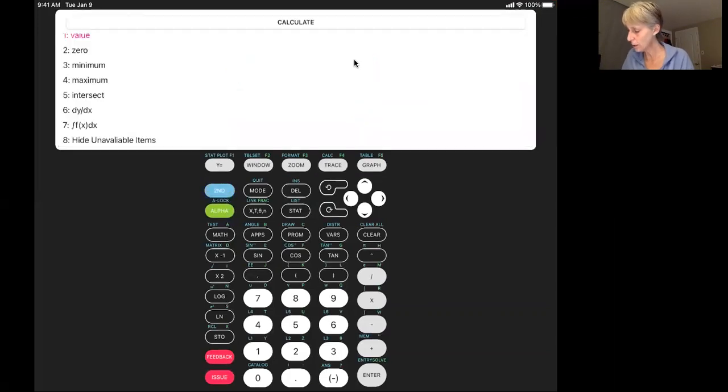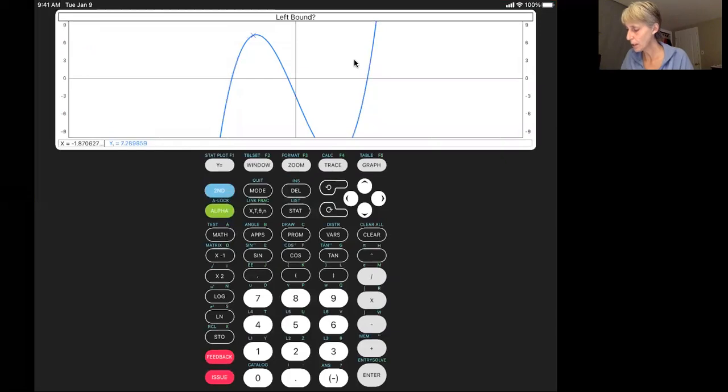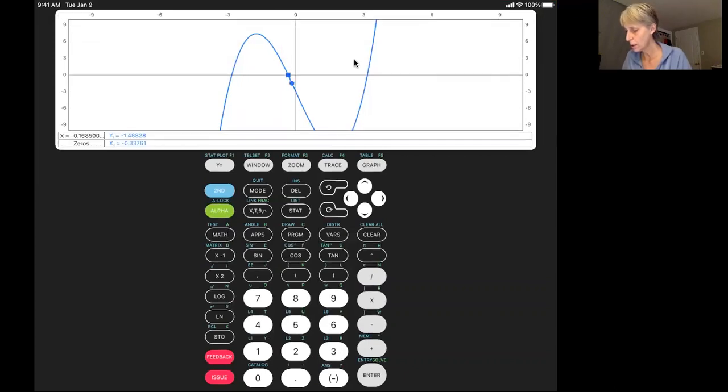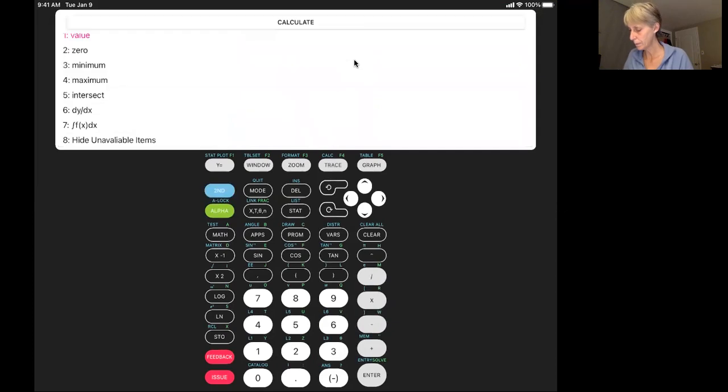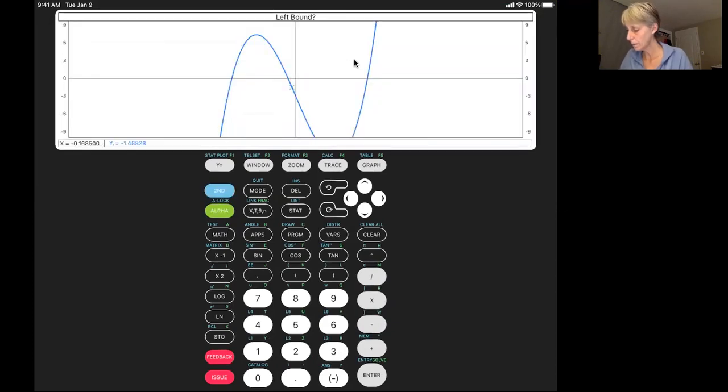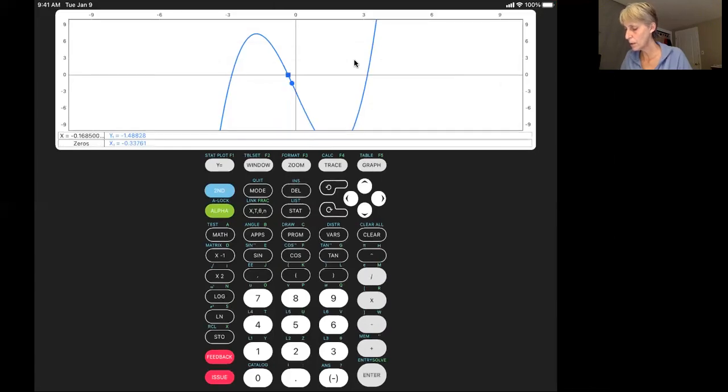Second trace 0. Now I want to focus on the middle. Left bound, right bound. Hit enter one more time. This is not right. Left bound, right bound.